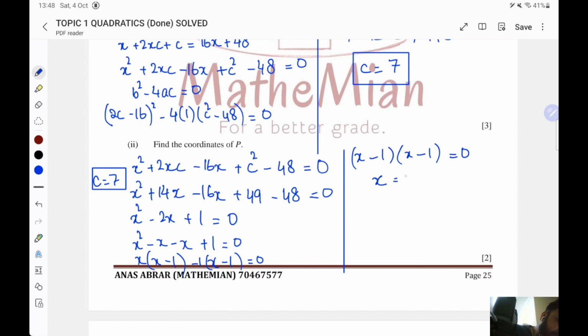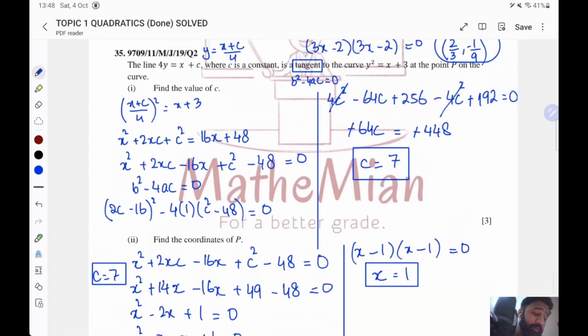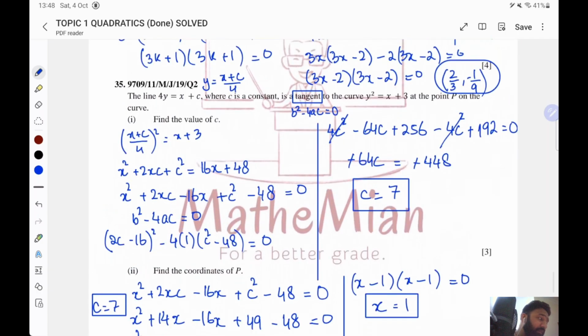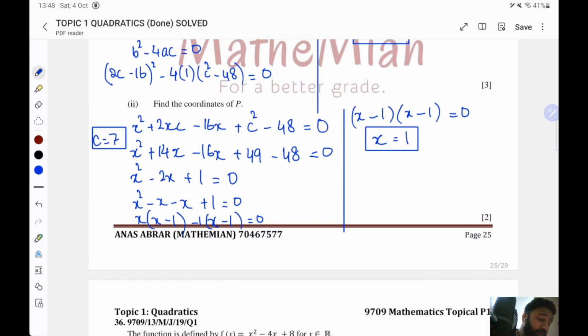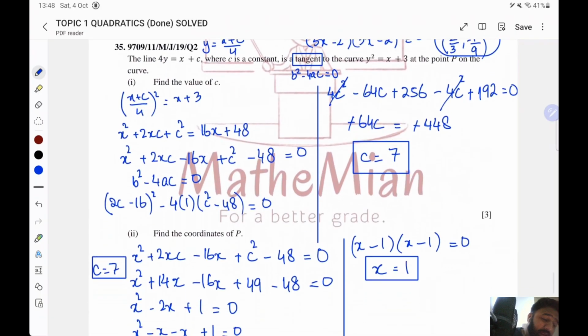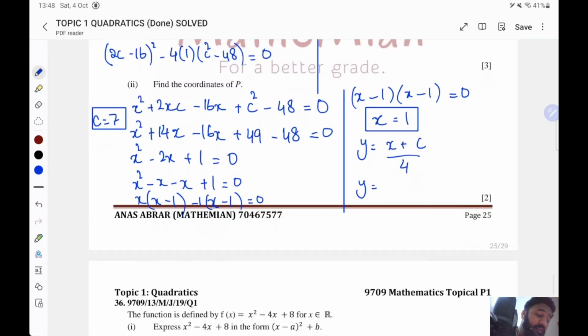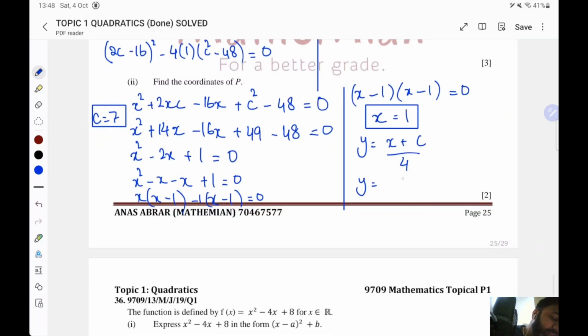So the value of x where the line and the curve are tangent, that x coordinate, is 1. We'll substitute into the above to find y. For example, y equals x plus c divided by 4. So 1 plus 7 divided by 4, 8 divided by 4, that is 2. So the coordinates for P are 1, 2.